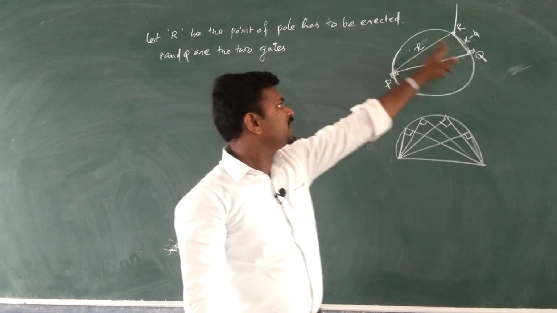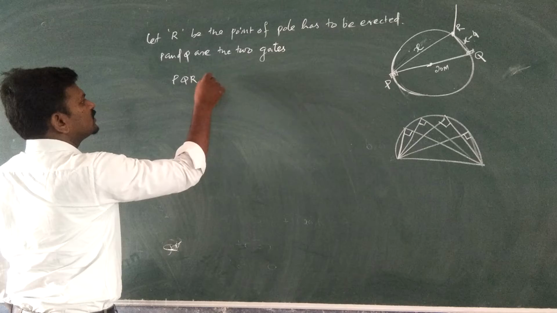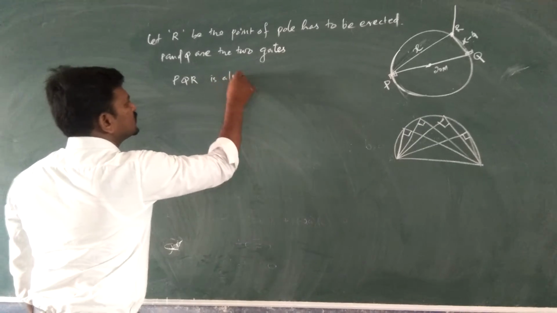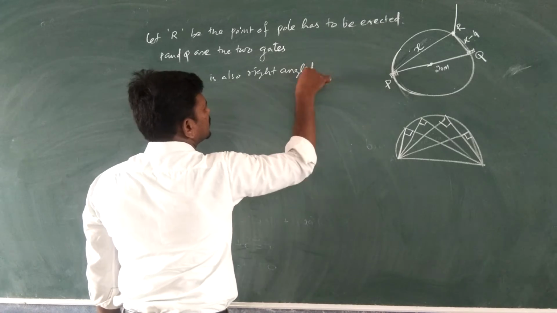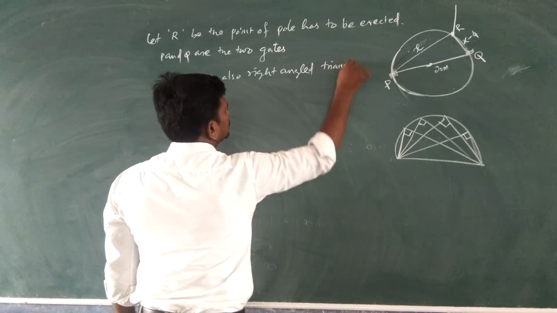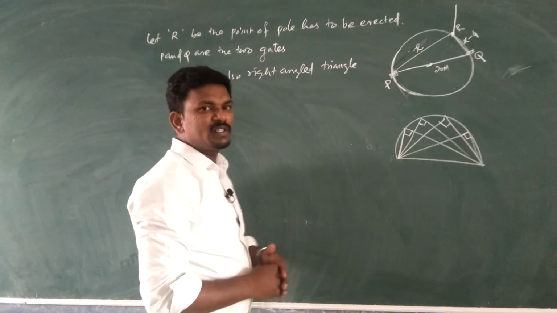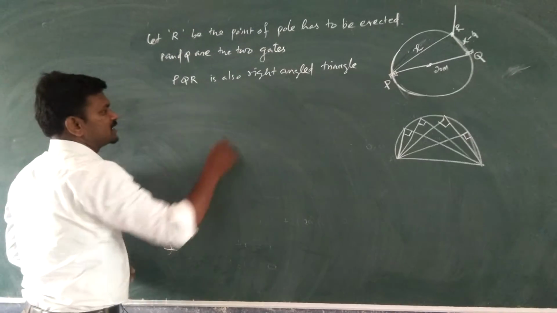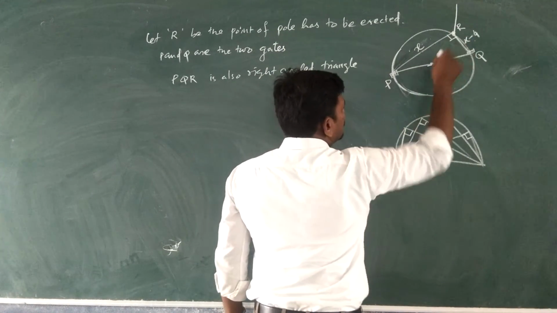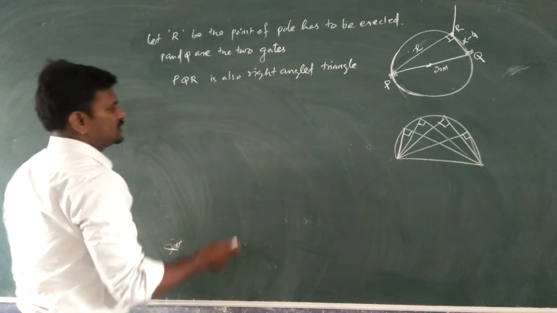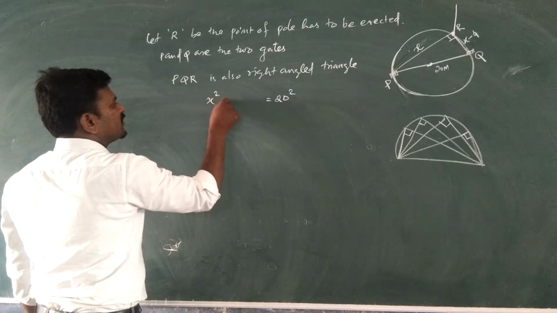So here PQR is also a right angle triangle. In a right angle triangle, the square of the hypotenuse is equal to the sum of the squares of the remaining two sides. So if the angle is 90, the opposite side, the diameter, must be the hypotenuse.